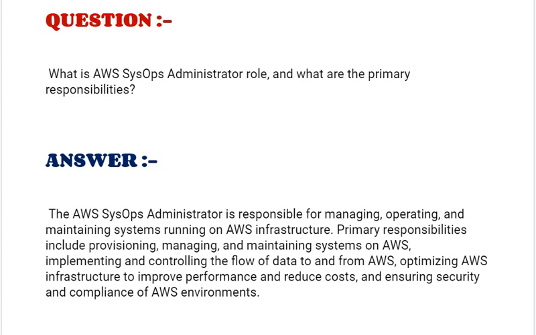Primary responsibilities include provisioning, managing, and maintaining systems on AWS, implementing and controlling the flow of data to and from AWS, optimizing AWS infrastructure to improve performance and reduce costs, and ensuring security and compliance of AWS environments.